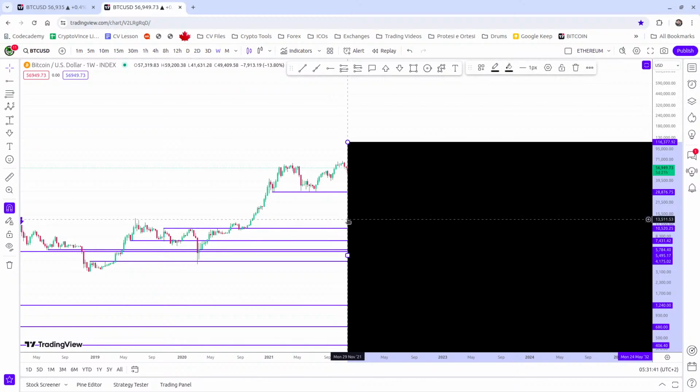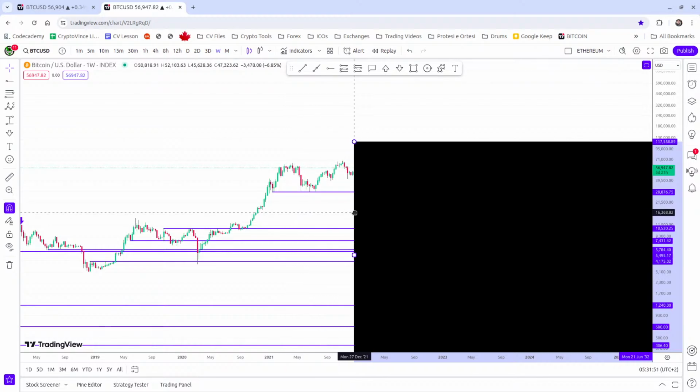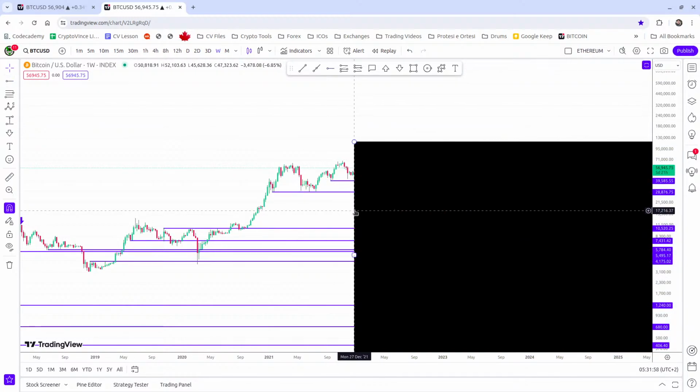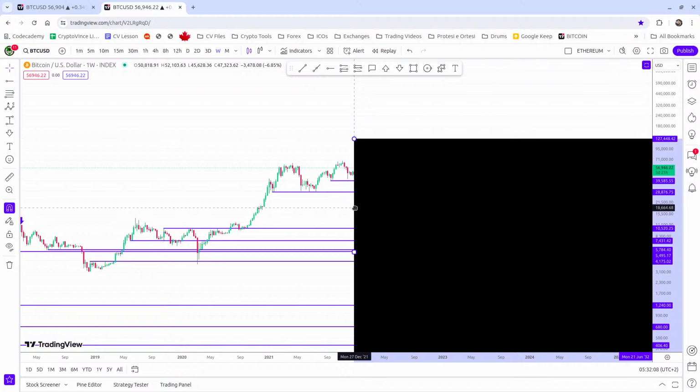Almost made a higher high, but it's not that far away from the previous high, which was around here, right? So made a higher high, starts to drop right there. It starts to make a bullish trend, but we need a higher high in order to call for a bullish scenario.